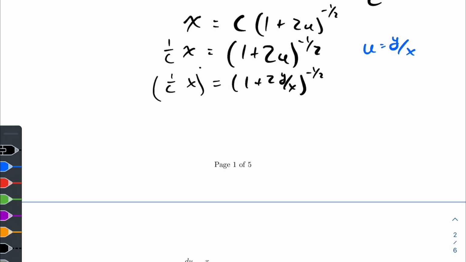Okay, so I'm going to raise both sides to the power of -2 to cancel out that negative 1/2, because exponents multiply. By the way, 1 over c is just going to be another constant, so I could just call that c. Actually, let me do it this way. I'll distribute the -2 to both this and the x.